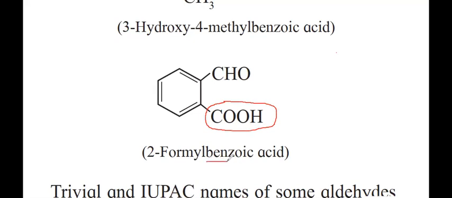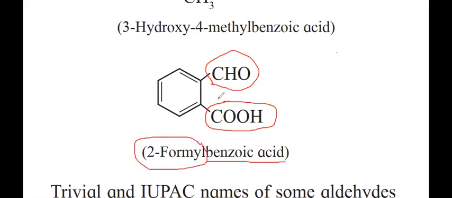Therefore it is a benzoic acid. CHO is our second priority, therefore it comes here as 2-formyl. This is the first carbon and this is the second carbon. The second carbon contains CHO, therefore 2-formyl benzoic acid.